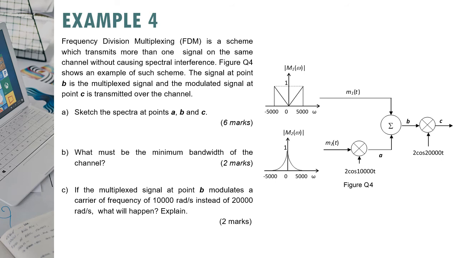So given the input signals, you have M1(omega) and M2(omega) being processed by some multiplication and addition with different signals, and then at the end the signal is multiplied again with another carrier signal to produce the final output. So these are the carrier signals. The first question: you need to sketch the spectra at points A, B, and C.